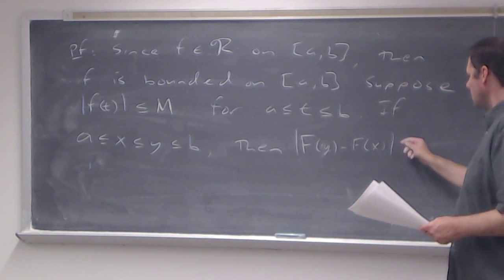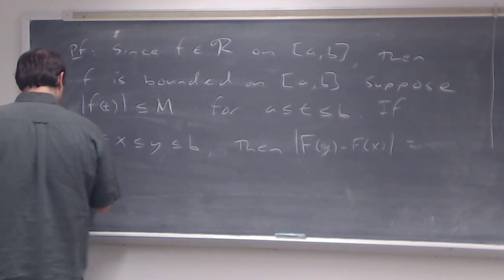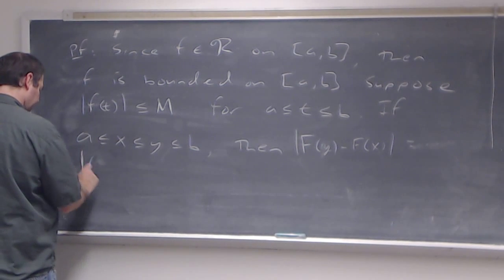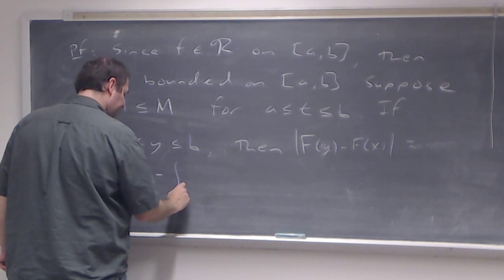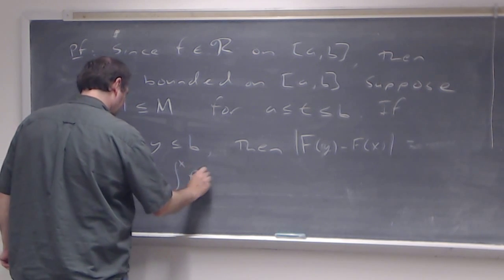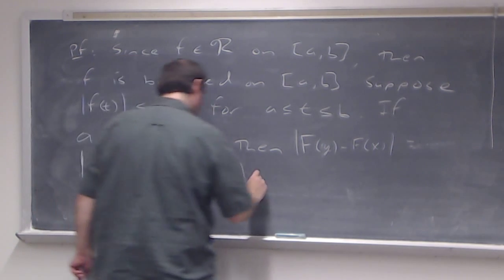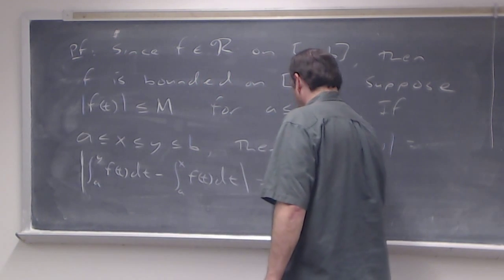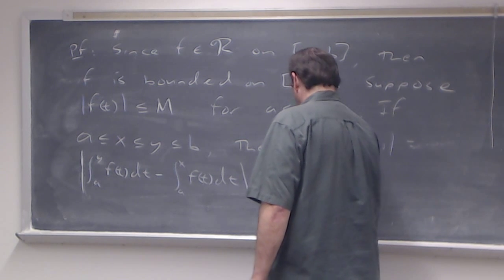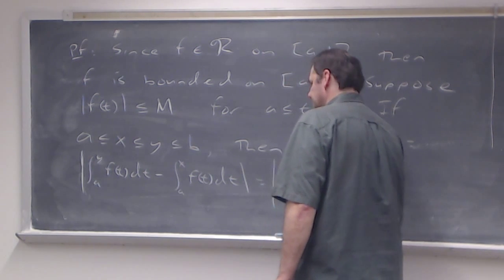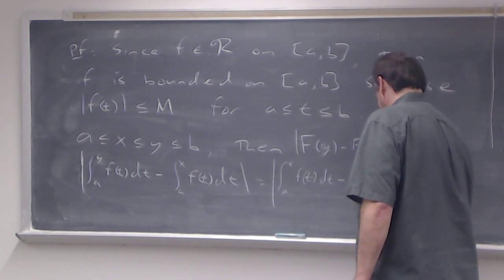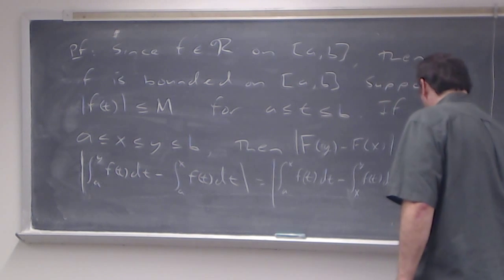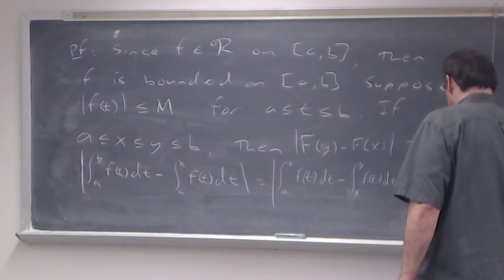By the definition of big F, that's the absolute value of the integral from a to y of little f of t dt, minus the integral from a to x of little f of t dt. We can rewrite the first as the integral from a to x of f of t dt plus the integral from x to y of f of t dt, and then minus the integral from a to x of f of t dt.